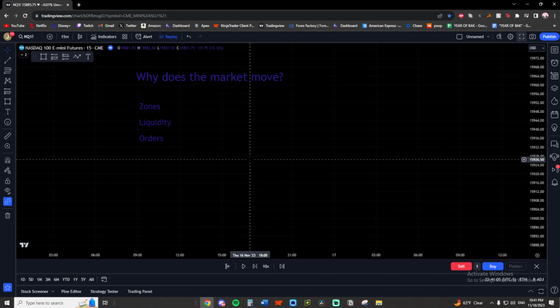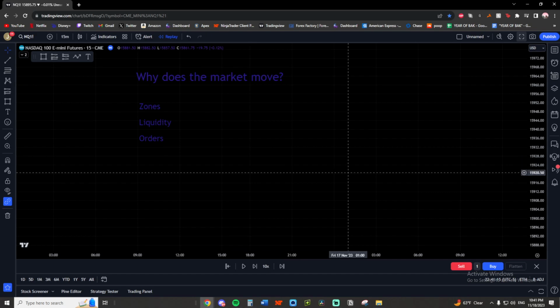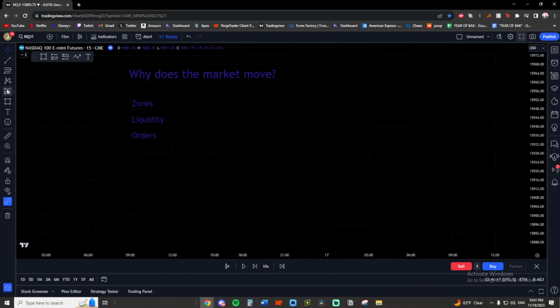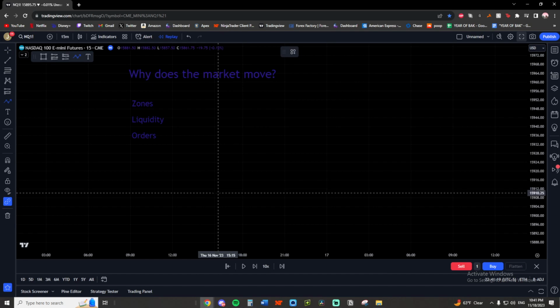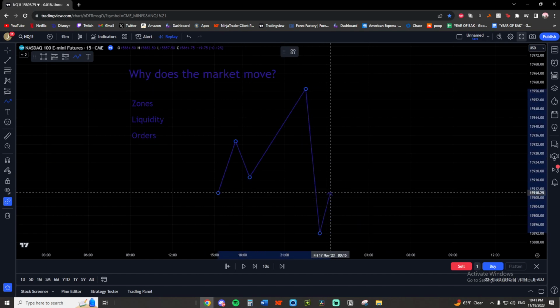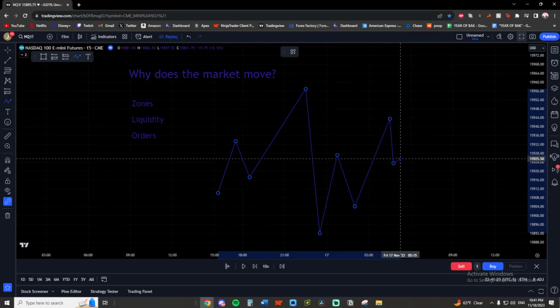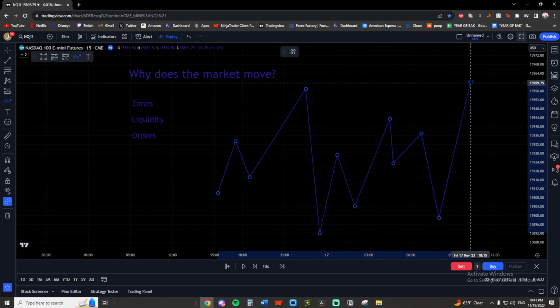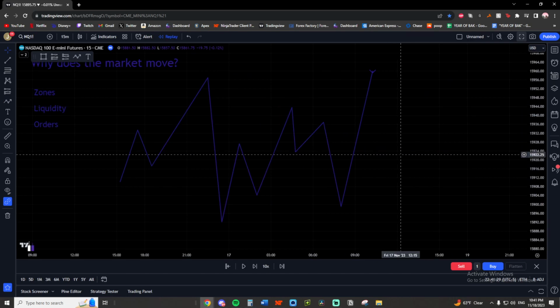So when we're looking at the market and you're analyzing where the market's gonna go next, I'm going to show you how we're going to be targeting zone to zone essentially. So let's say if we have price looking like this. I'm just drawing random things right now and I can do that because it still applies.